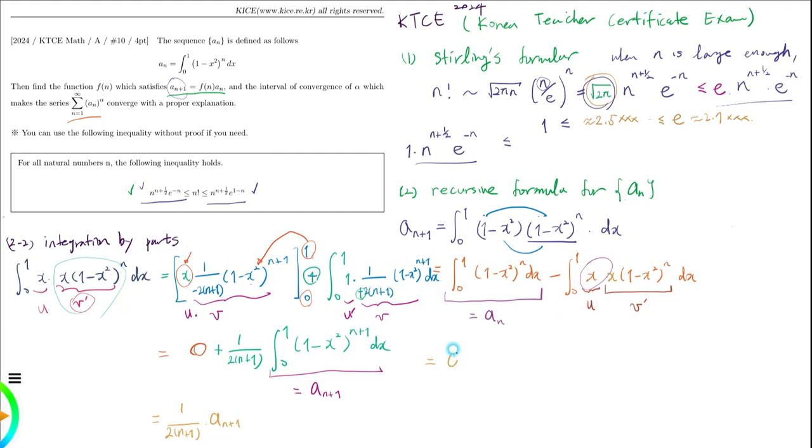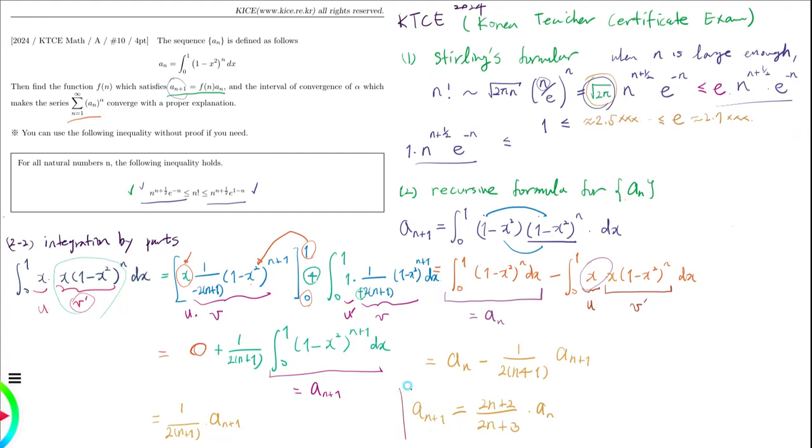So we have a sub n plus 1 times minus 1 over 2 times n plus 1... By arranging each term, you will have a sub n plus 1 equals 2 times n plus 2 over 2 times n plus 3 times a sub n here.